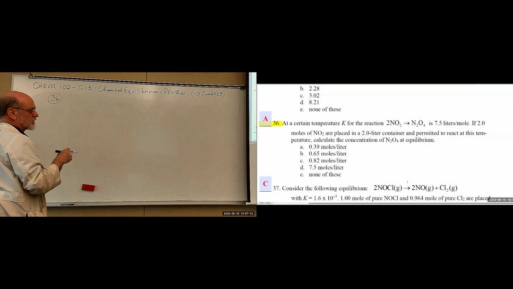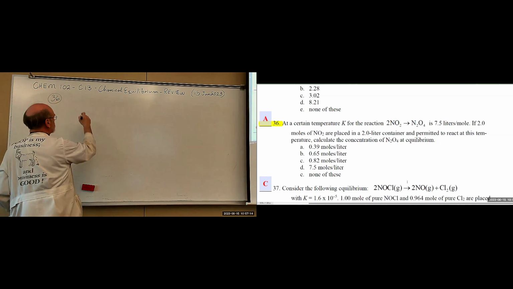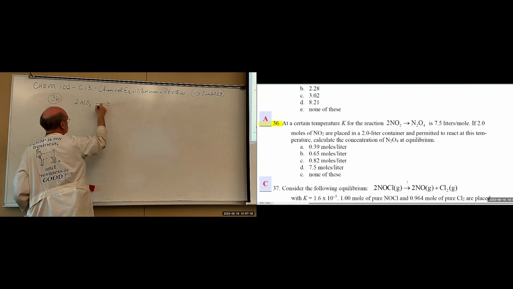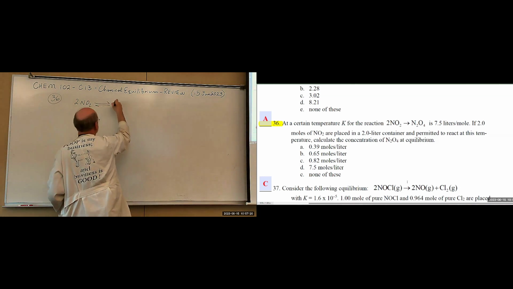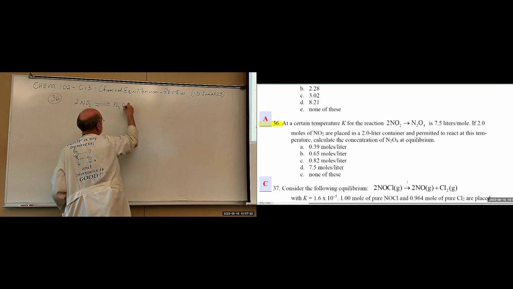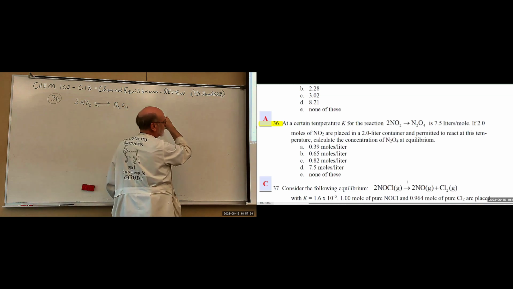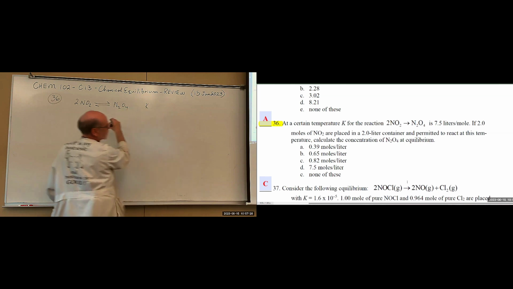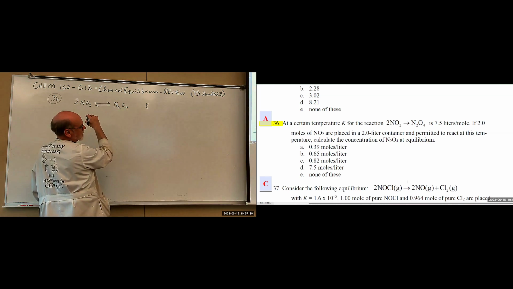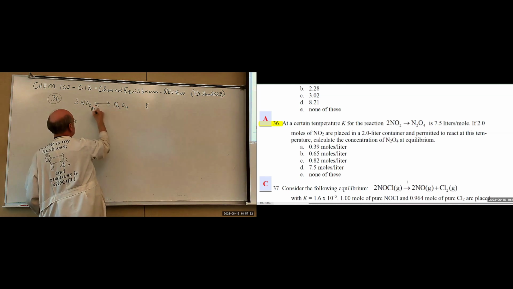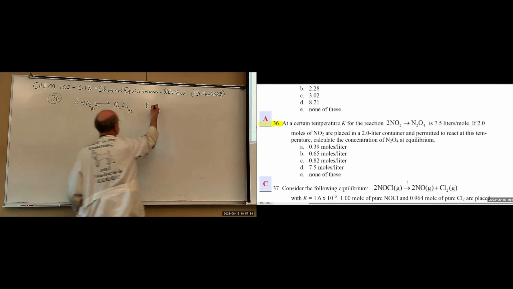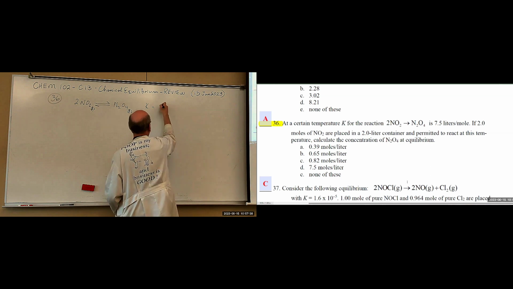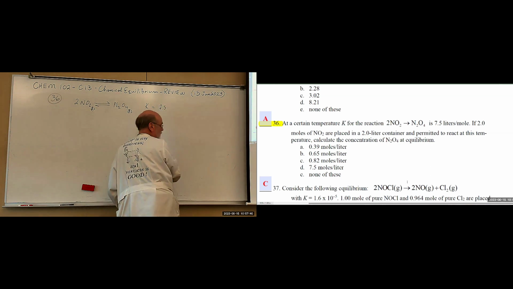At a certain temperature, K for this reaction, 2NO2, okay, this is that reaction only backwards, is 7.5. Now they give us the units of measure, but we don't need it.